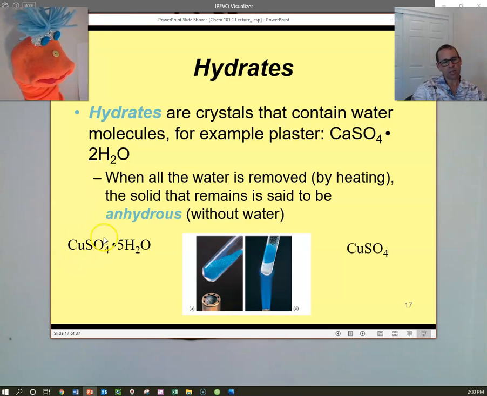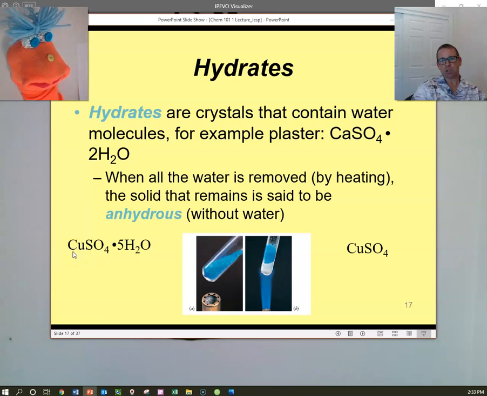Okay, so this compound is called copper sulfate, and we'll talk about how to name that compound in the future. But the hydrate of copper sulfate, this specific one, comes with 5 water molecules for every unit of that copper sulfate.